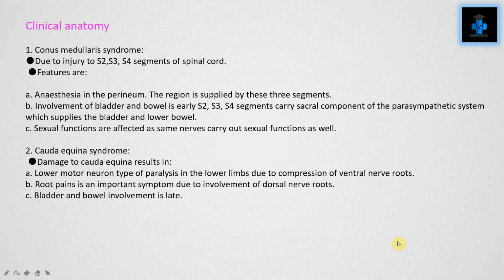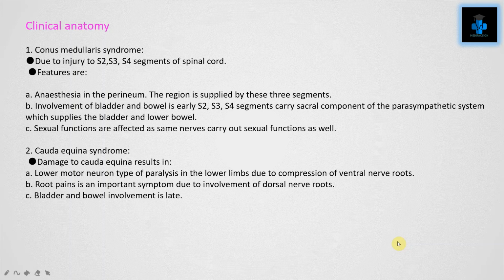B. Involvement of bladder and bowel is early. S2, S3, S4 segments carry sacral component of the parasympathetic system which supplies the bladder and lower bowel. C. Sexual functions are affected as same nerves carry out sexual functions as well.